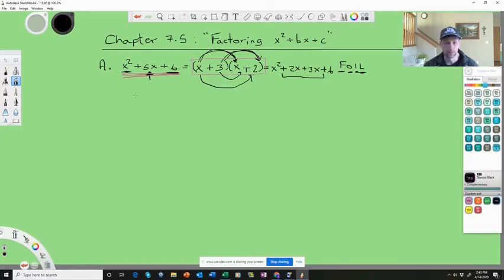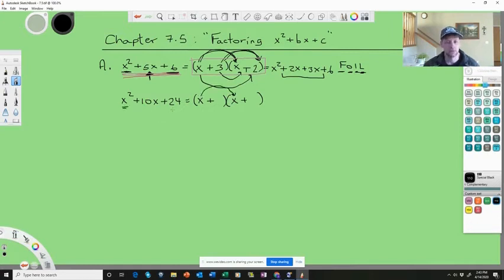Let's do another example. Let's do x squared plus 10x plus 24. It's going to factor into 2 binomials. They all factor into 2 binomials in this chapter, always, so you can put those parentheses there and be confident with that. These are always going to be x's because x times x gives me x squared.